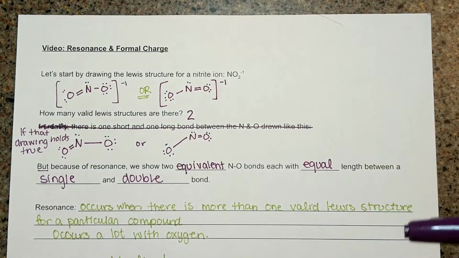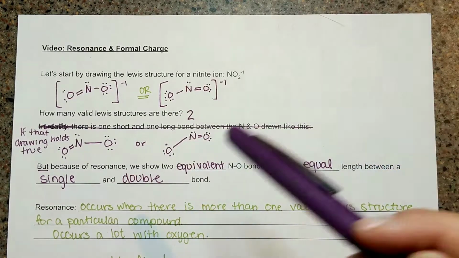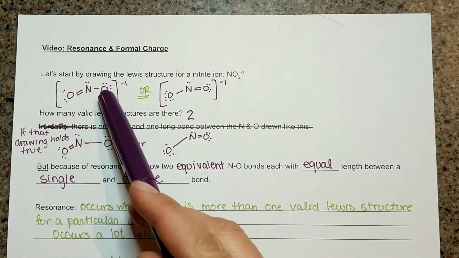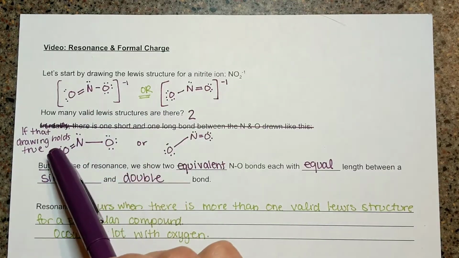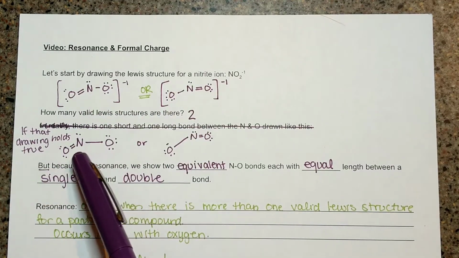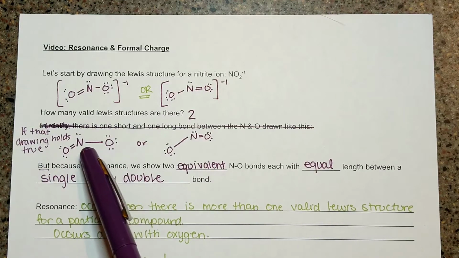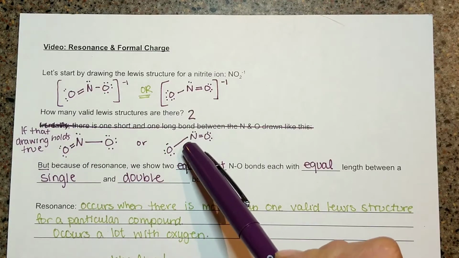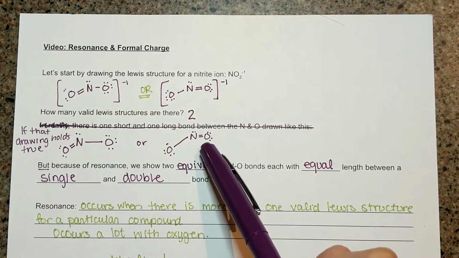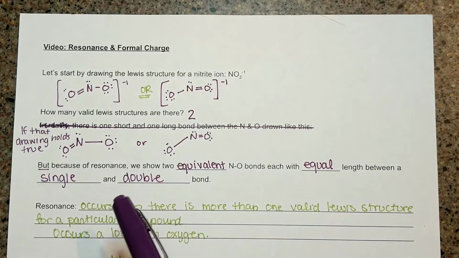However, we know because of research that this is not exactly the case. If this drawing were to hold true, we'd have to have one short bond between the nitrogen and oxygen on the left and one long single bond on the right, or vice versa. But we know that's not true.